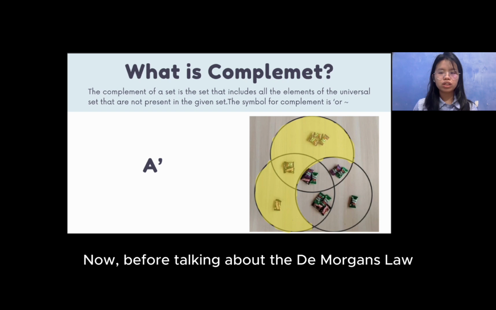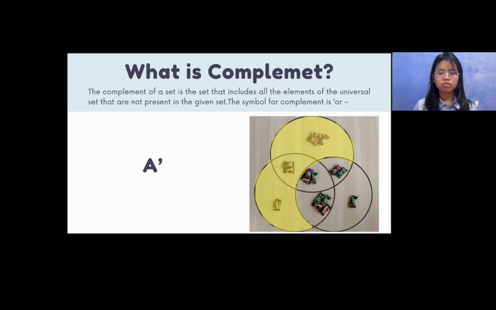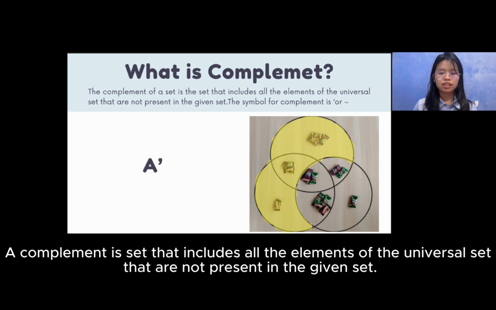Now, before talking about De Morgan's law, I would like to introduce to you complement. What is a complement? A complement is a set that includes all the elements of the universal set that are not present in the given set.